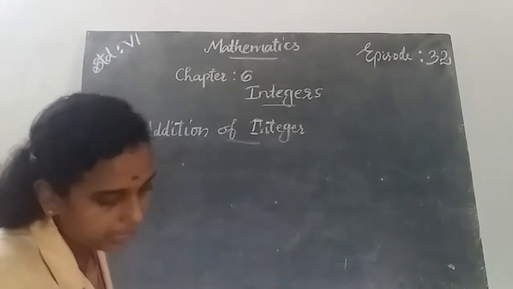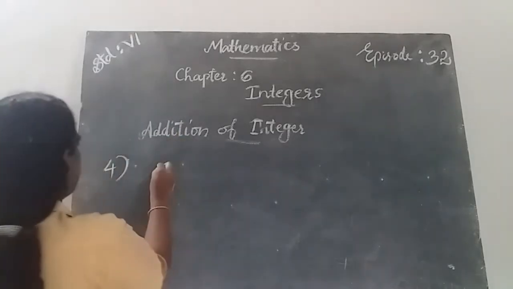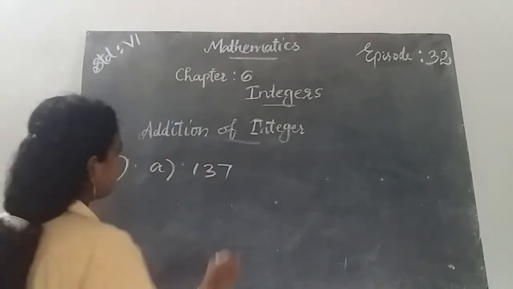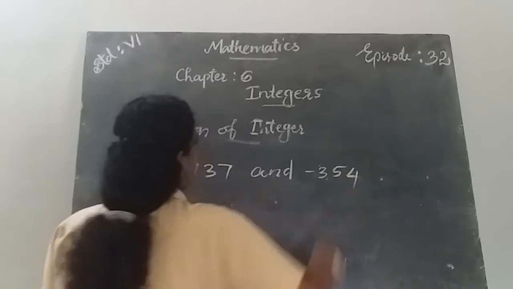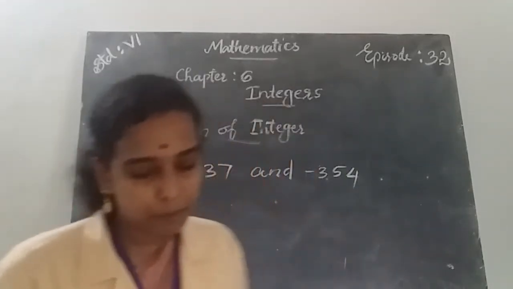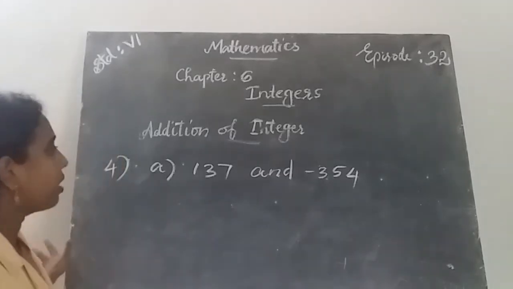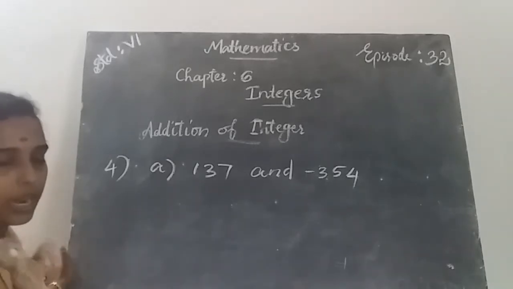Question number 4. Find the sum of 137 and negative 354. Okay, so we want to find the sum, which means we want to add these two numbers.